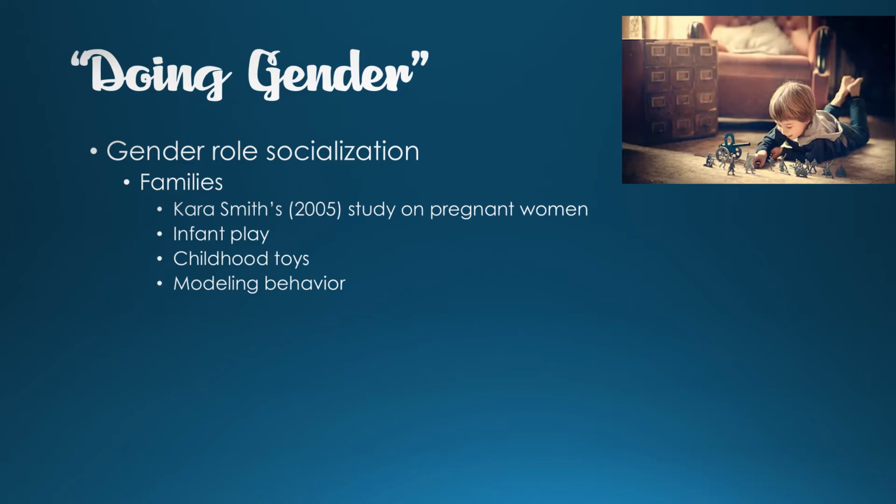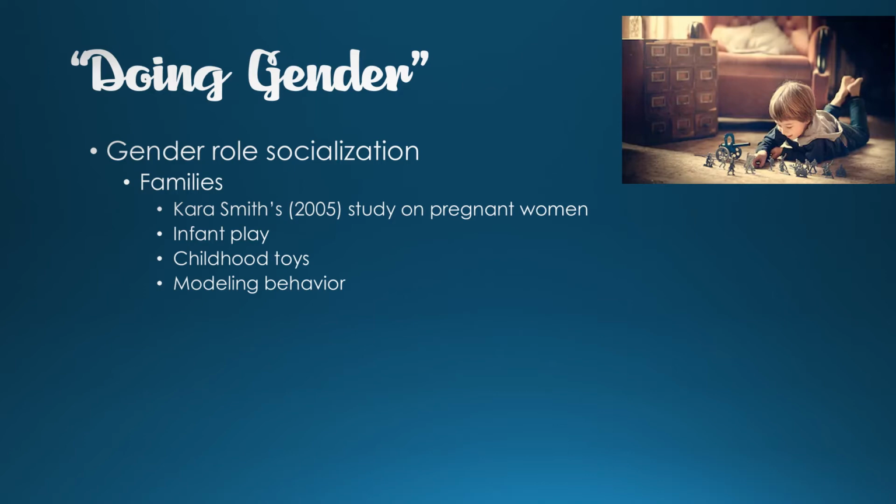Other research shows that infants play or are taught to play differently based on their gender. You can think about the colors of toys, the way that we dress infants, the types of toys we introduce to them. And then you can think about childhood toys. Think about the toys that you were given as a child and how different it may have been from your siblings if they were of the opposite gender.